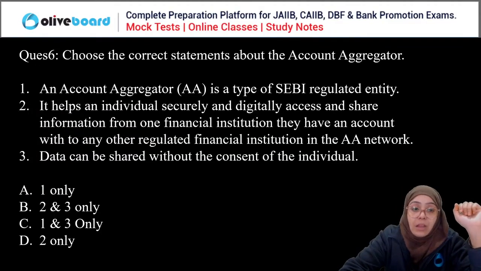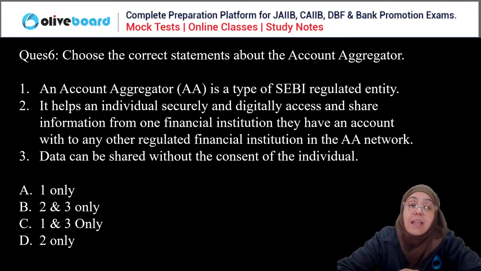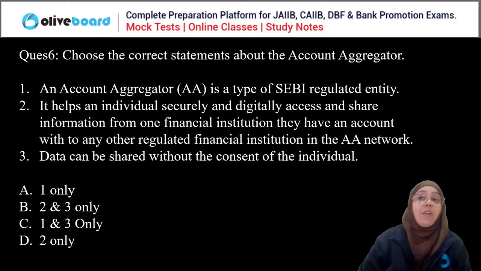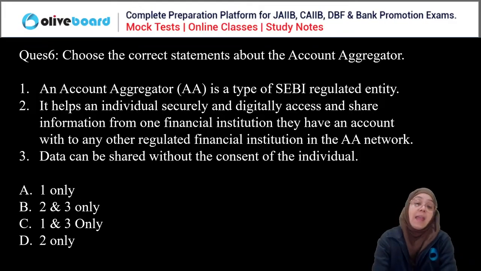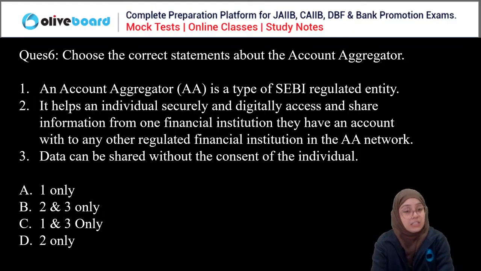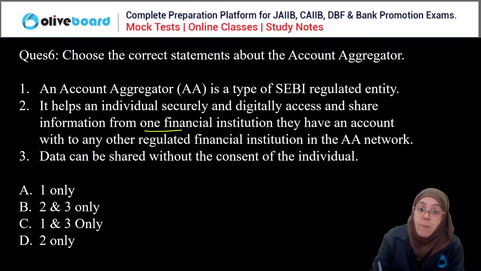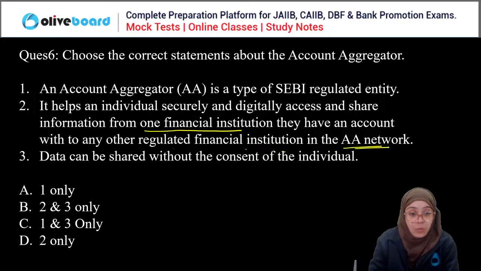Now, next we have to choose the correct statement regarding the account aggregator. First, an account aggregator is a type of CP regulated entity. Second, it helps individuals securely and digitally access and share information from one financial institution they have an account with to another regulated financial institution in the AA network.